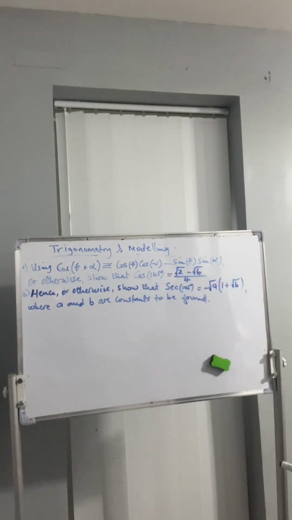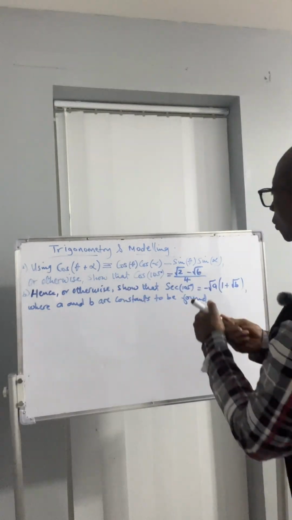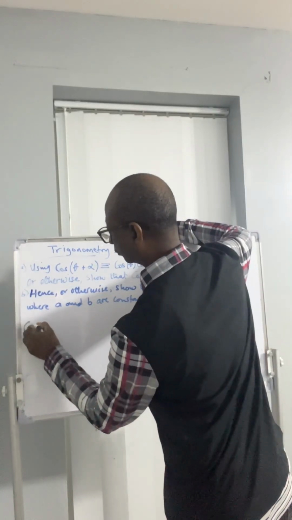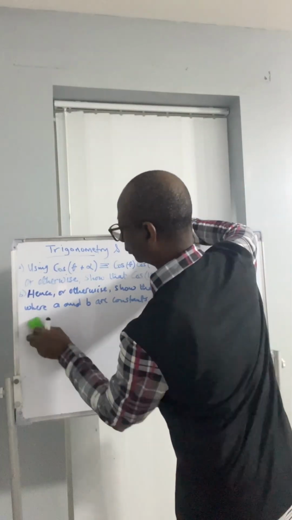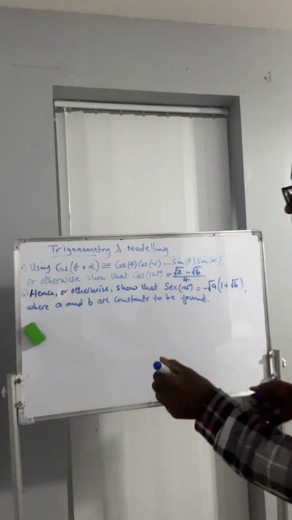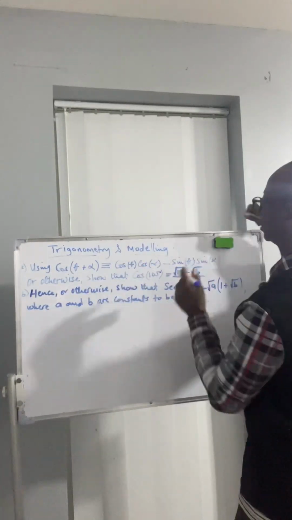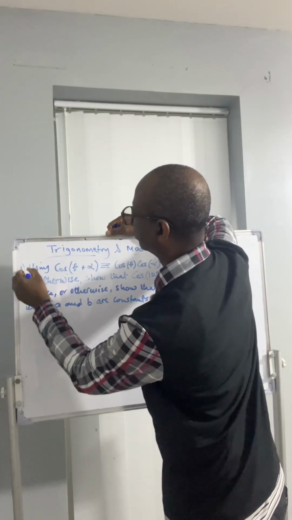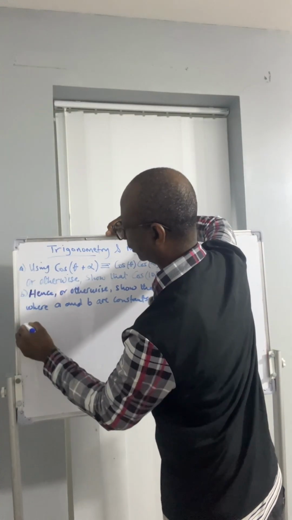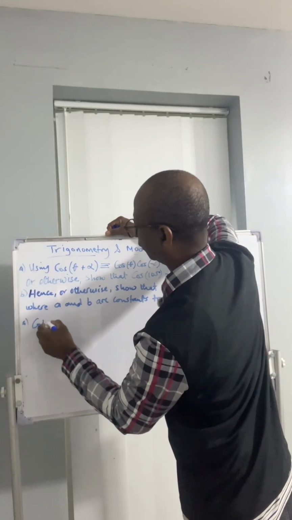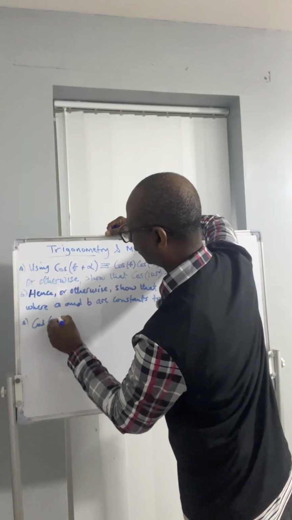This is the formula to use, and they say show that the cosine of 105 degrees. Solution: cosine of 105 degrees.